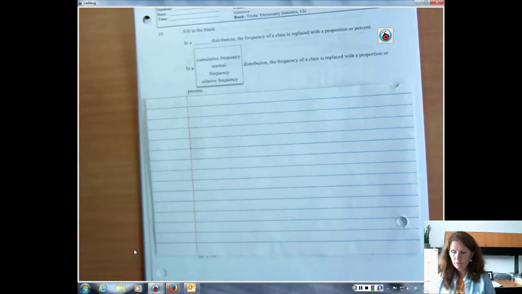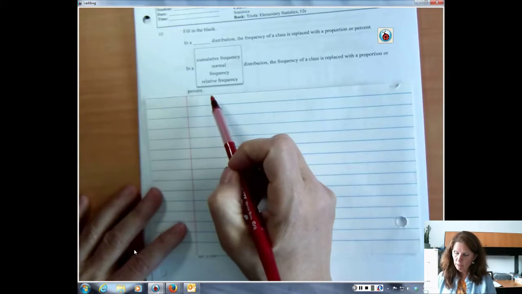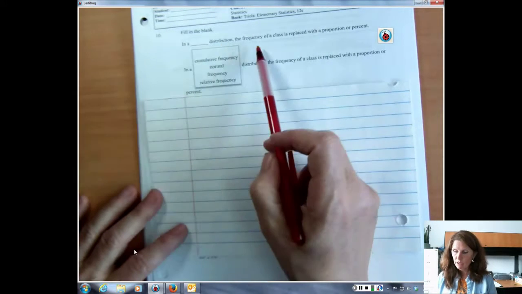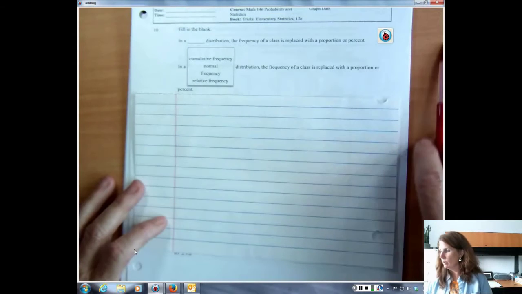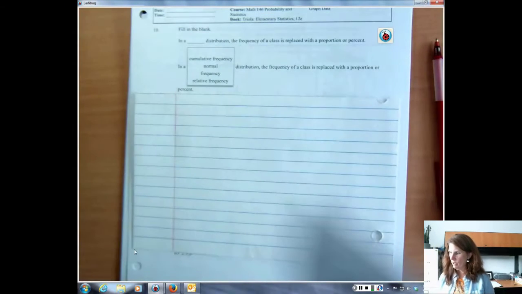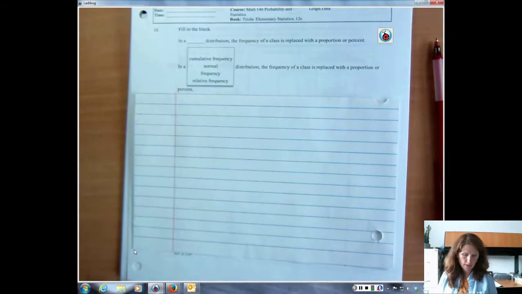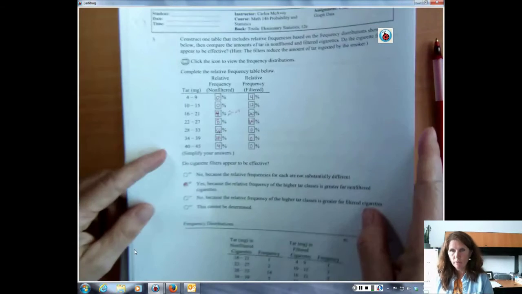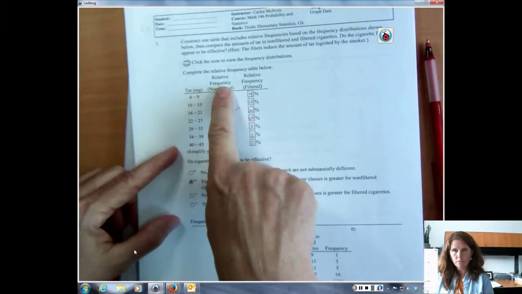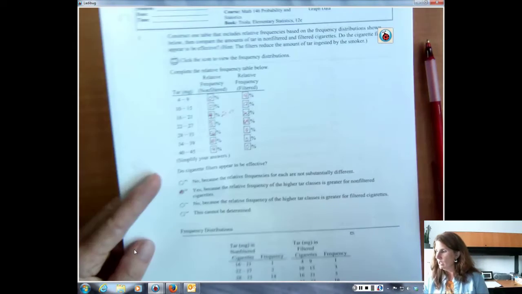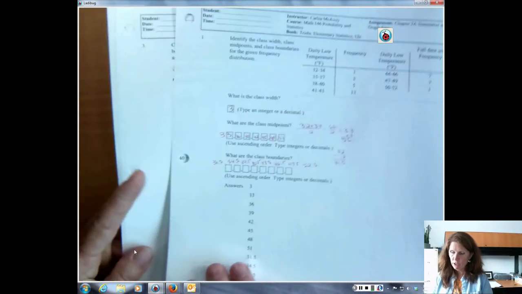All right, in a blank distribution, the frequency of a class is reported as a proportion or percent. Well, we already did a couple of those, so it shouldn't be that much of a surprise. When we gave things as a percent, that's called the relative frequency. A frequency distribution is not percentages, just the number.